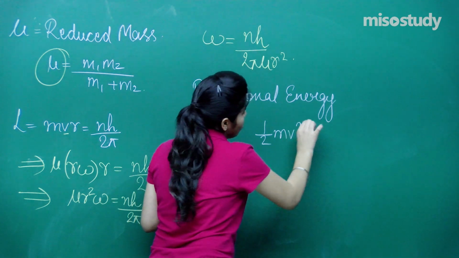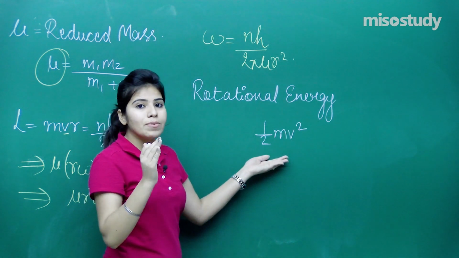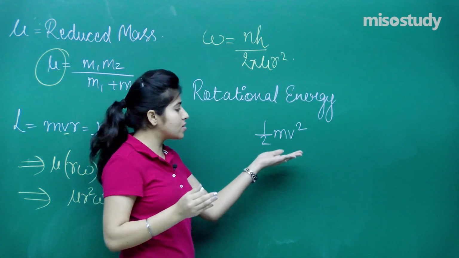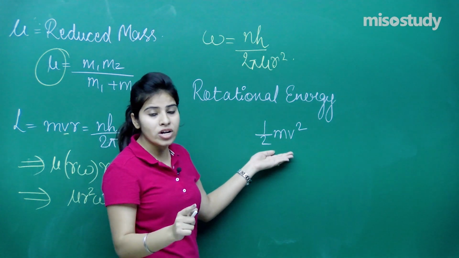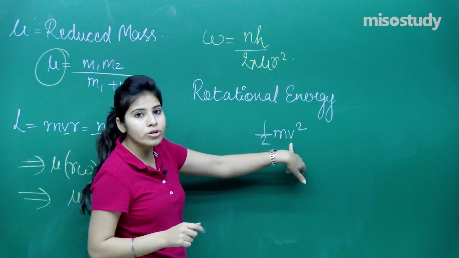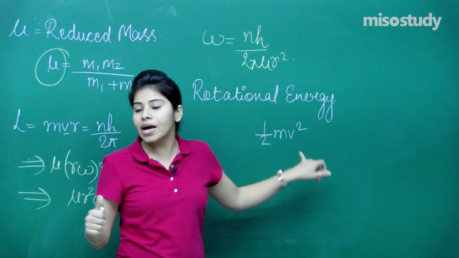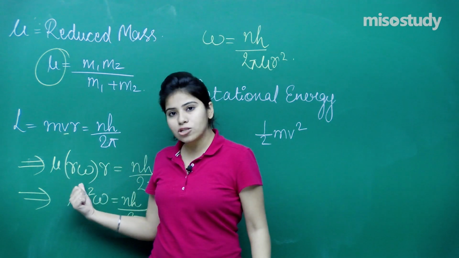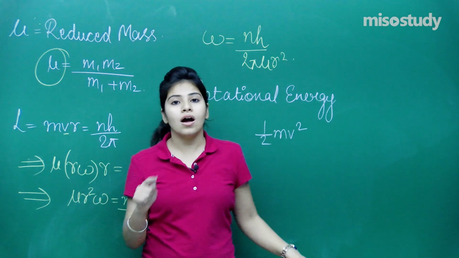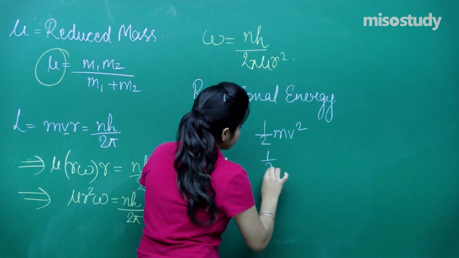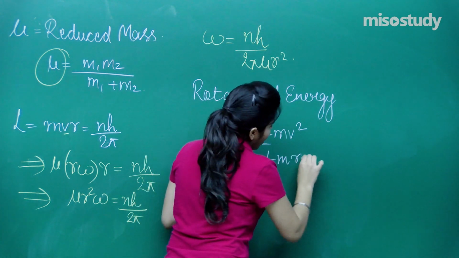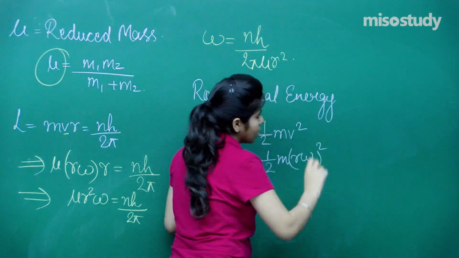Let me just tell you, if I am talking about the linear form, this is the kinetic energy, and if I am talking about the rotational energy, in place of v, as I have told you over here, we are going to put r omega. So that means you will be having r omega square.